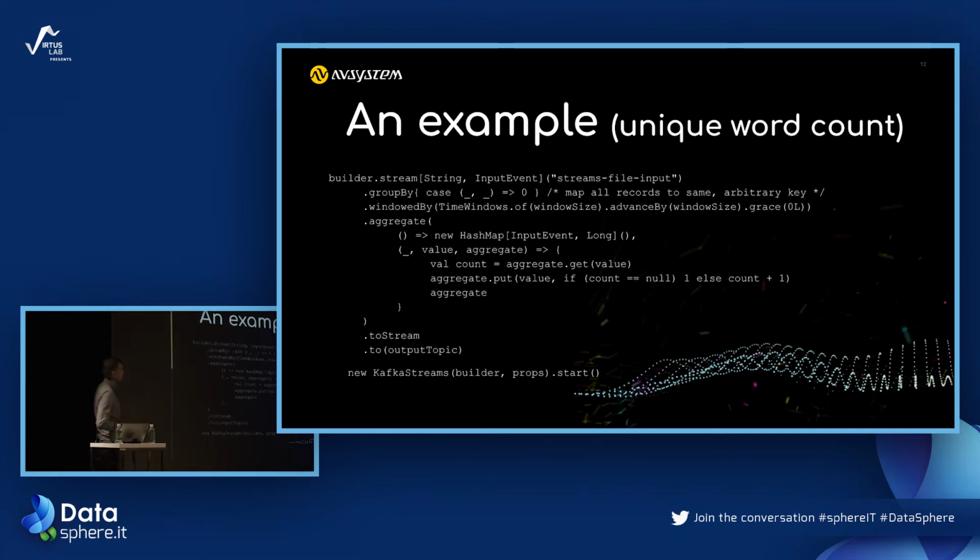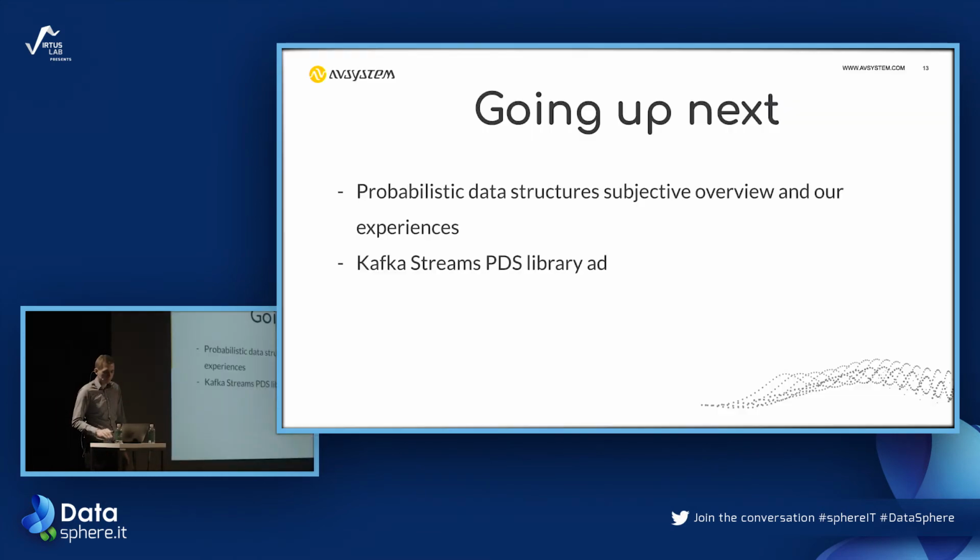I will include those slides somewhere later so that you can see how easy it is to perform this. But nevertheless, this solution is not performant. A unique word count problem can be solved for big data in many other ways, and those solutions will be described on the next slides by Miron.